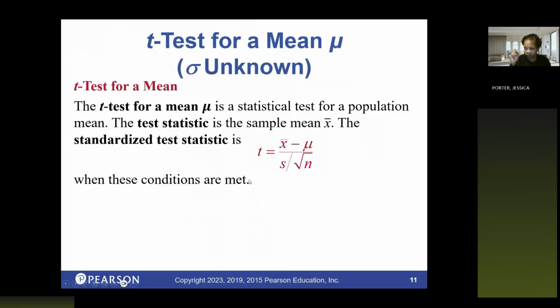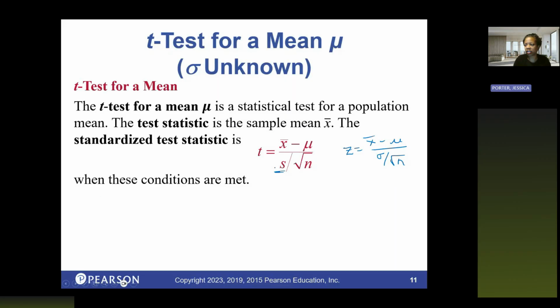When we did z, it was the same kind of idea, but this time I had the population standard deviation divided by the square root of n. So I'm using the population standard deviation on one and the sample standard deviation on the other one.